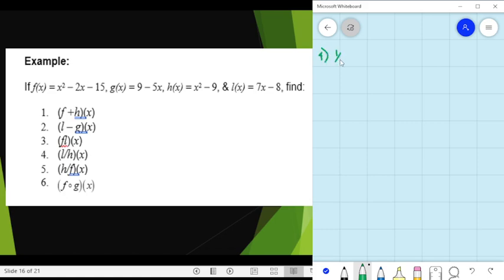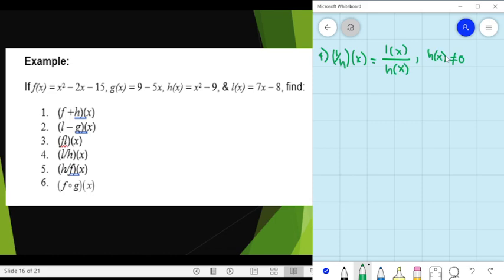Number 4 is L over h of x. So this is the same as dividing L of x over h of x, such that h of x must not be equal to 0.